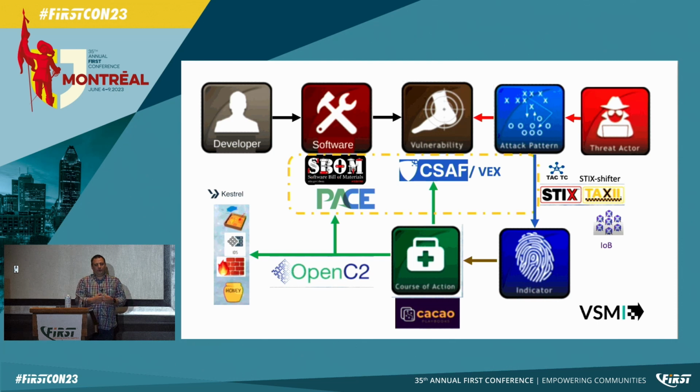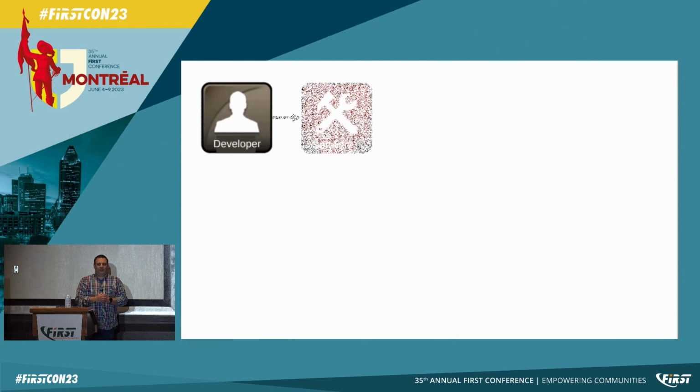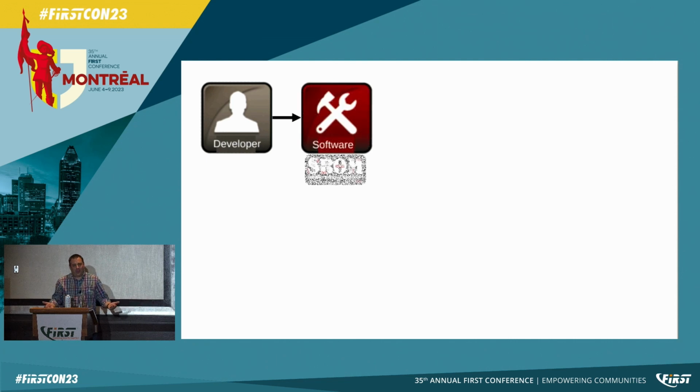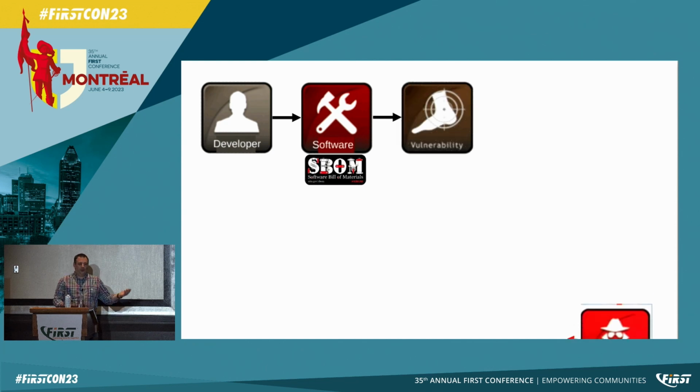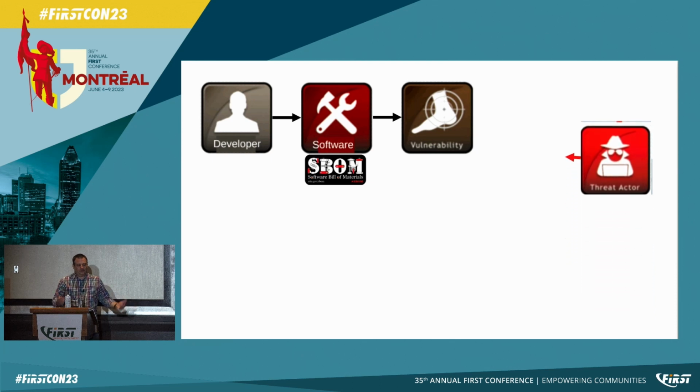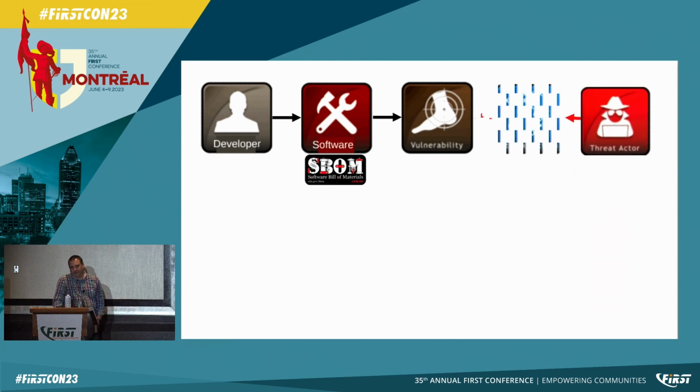So OpenC2 is a standard that lets you say, I want to quarantine an endpoint, and then let individual implementations of actuators decide how that quarantine will work, because quarantining an endpoint in CrowdStrike works different from SentinelOne, works different from, you know, if I'm just using Velociraptor or some other DFIR tool.